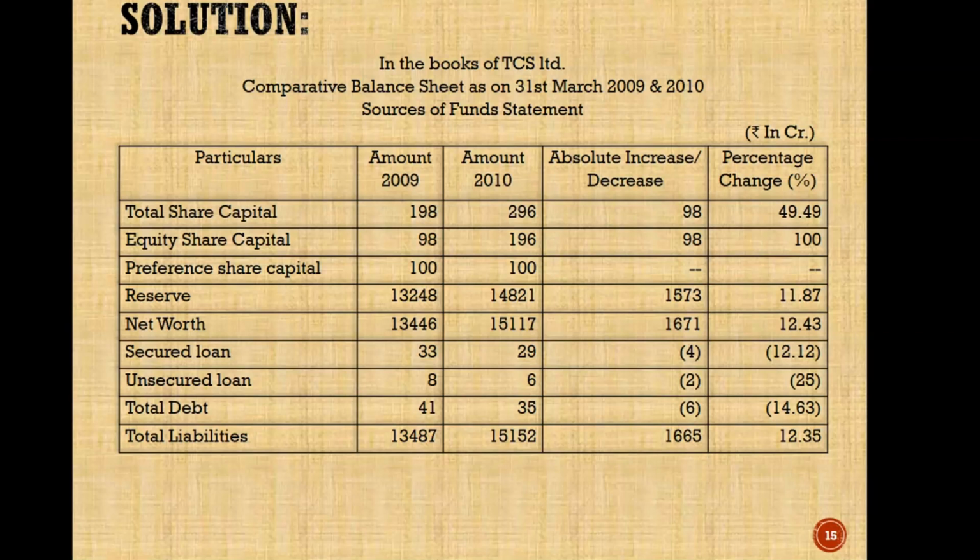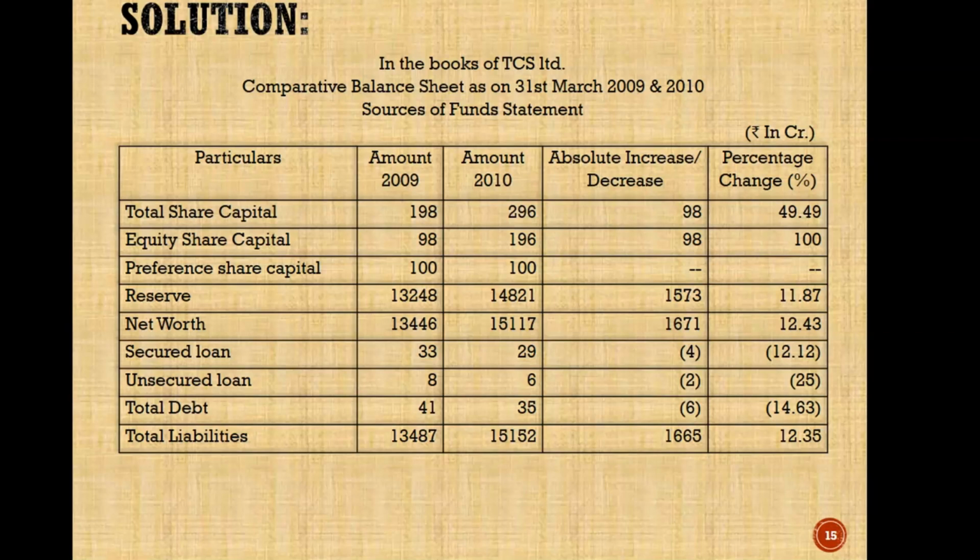Net worth has increased by 1671, and in percentage it is 12.43. In case of secured loan, it has decreased from 33 to 29, and in percentage it is 12.12. Again in percentage also, we have to mention it in a bracket. Whenever we see a bracket, we come to know that there is a decrease, and if there is no bracket, that means it is an increase.